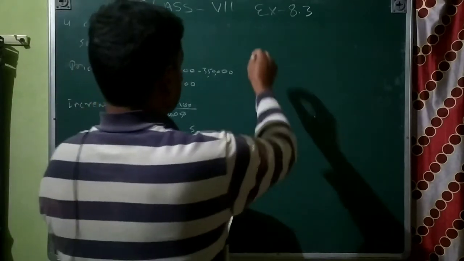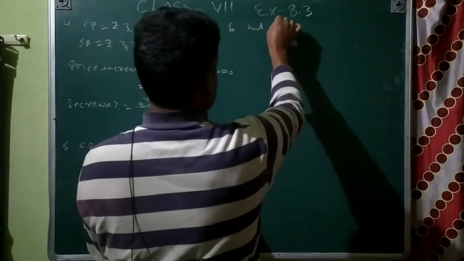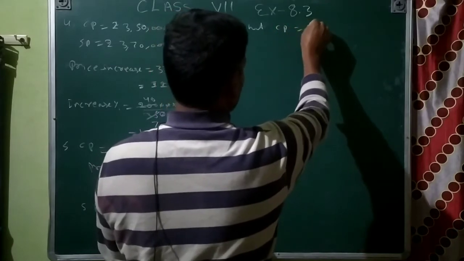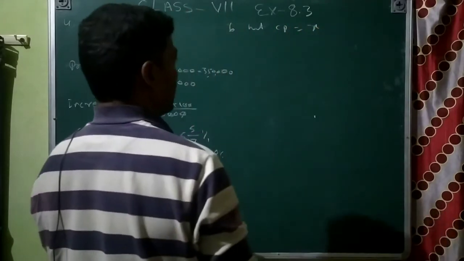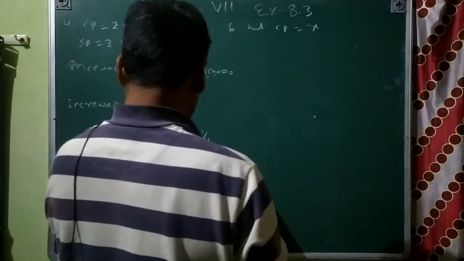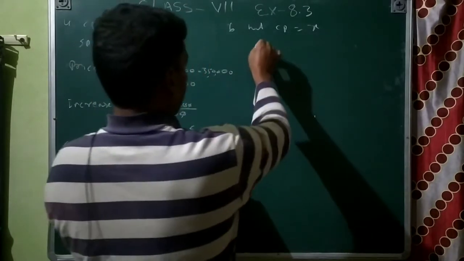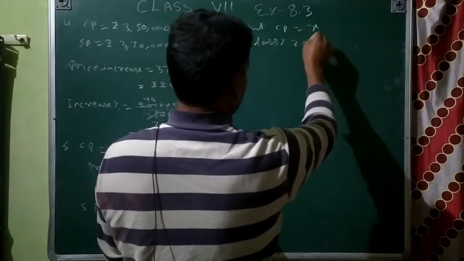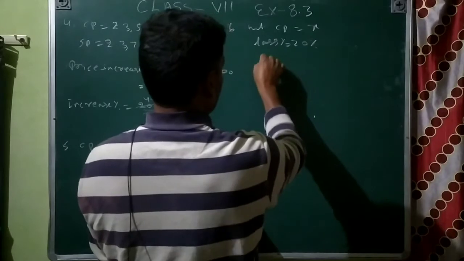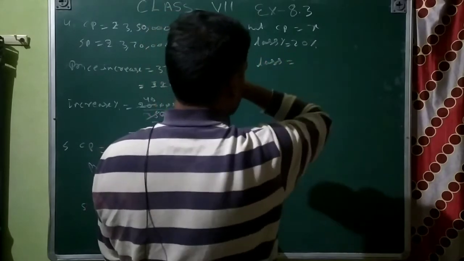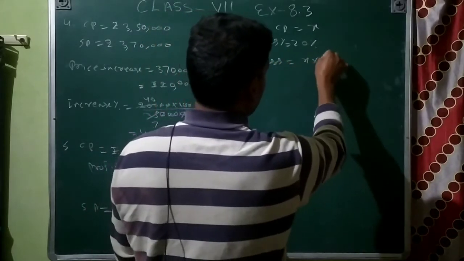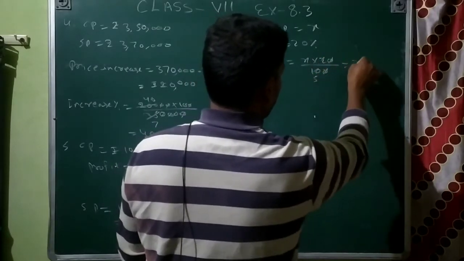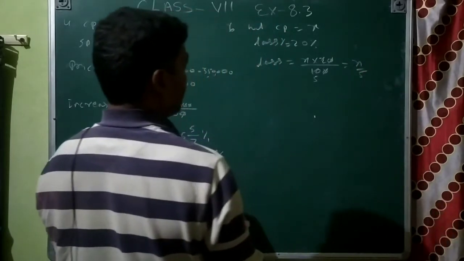So for 6, let CP be equal to x, or we can suppose any value, let x. So loss percentage is equal to 20%. So actual loss is equal to x multiplied by 20 upon 100, that is x upon 5.